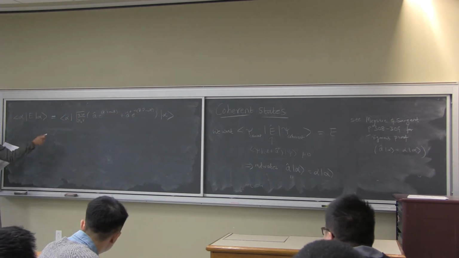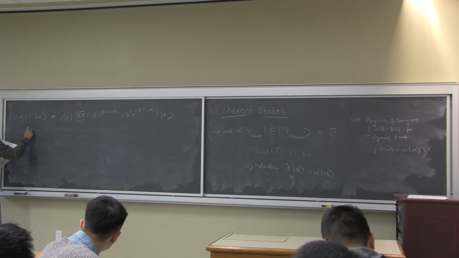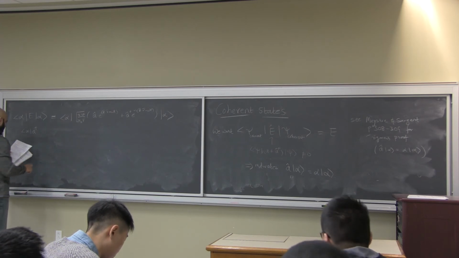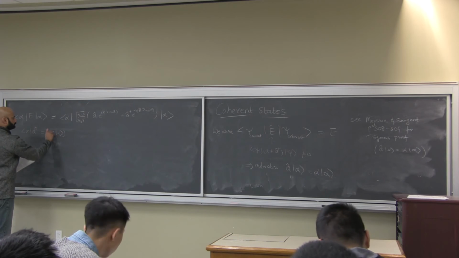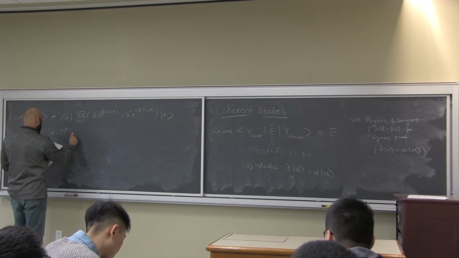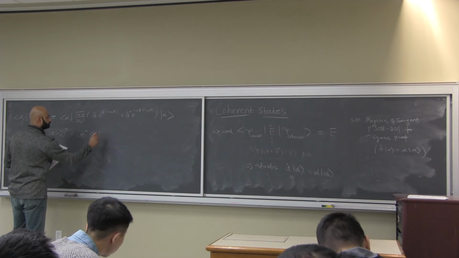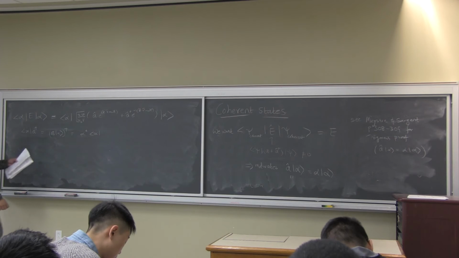And because A acting on alpha is alpha, we also have alpha from the left acting on A dagger to be just A acting on alpha, the whole dagger, which is simply alpha star times alpha, when you take the Hermitian adjoint.